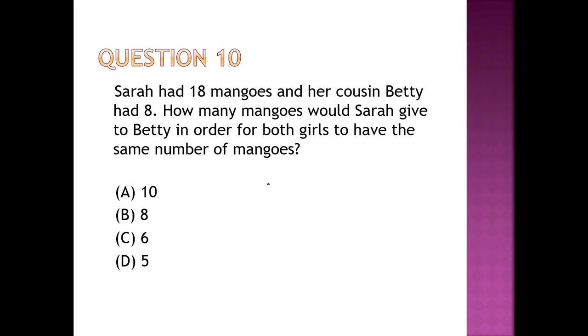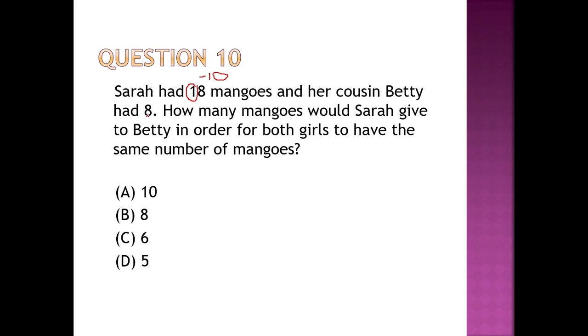The easiest way, the first thing that came to my mind, is to focus on the 10 here, because Sarah had 10 more mangoes than Betty, right? So if this 10 was taken from the 18, Sarah would have 8 mangoes.